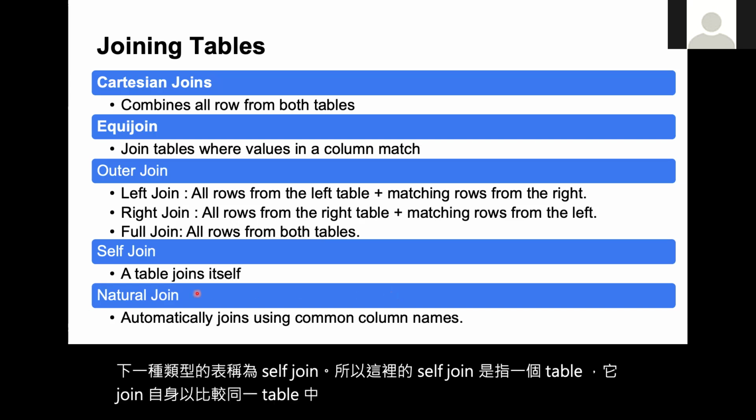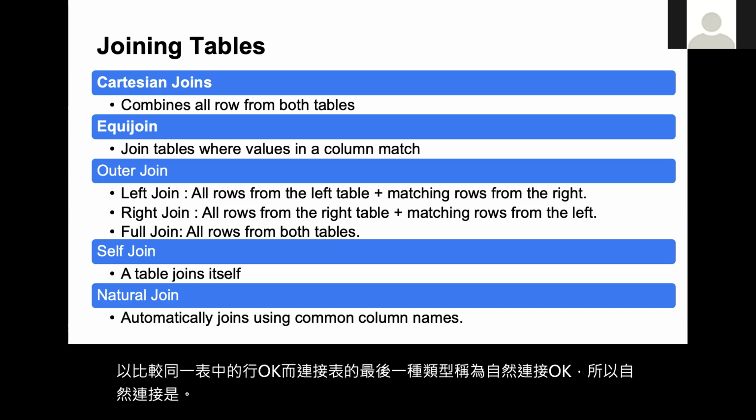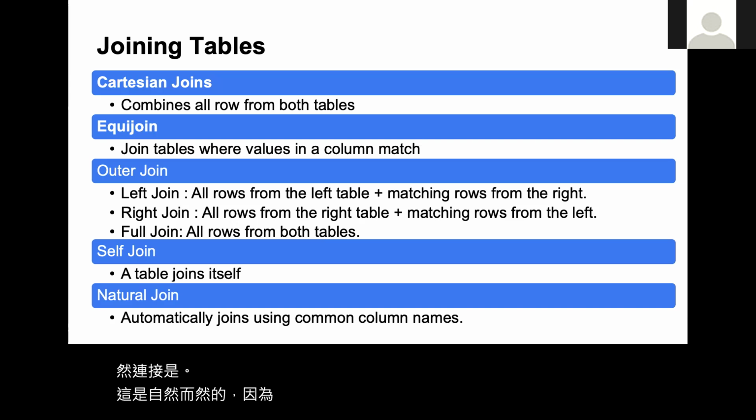And the last type of joining table is called natural join. Natural join is automatic: it automatically joins the two tables using the columns with the same name.